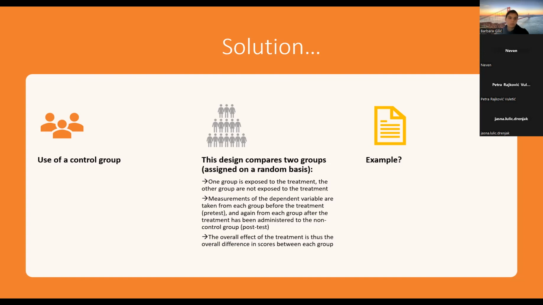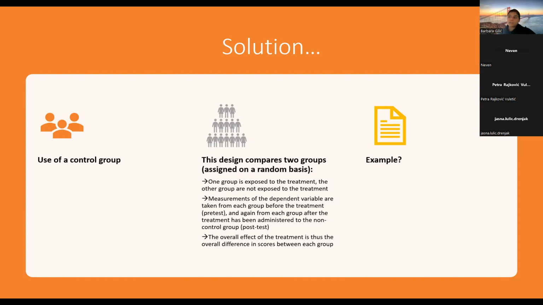And you want to target that running capacity specifically and see, okay, this training has impact on my running speed or it doesn't. So you have to have a control group which will serve as a control for your experiment. And that's the main solution for your experimental design.